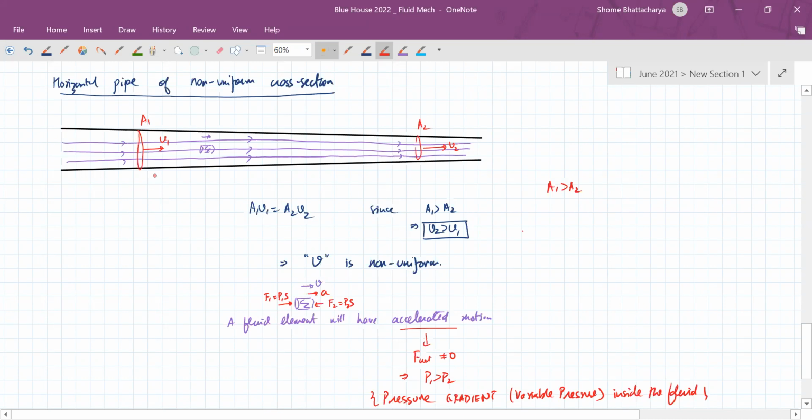And in general, if this region has pressure P1 and this region has pressure P2, as we go from left to right, the pressure should be decreasing, such that, as we've already written above, P1 is greater than P2.